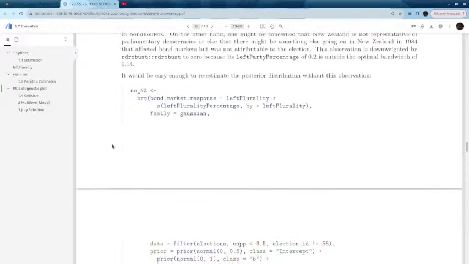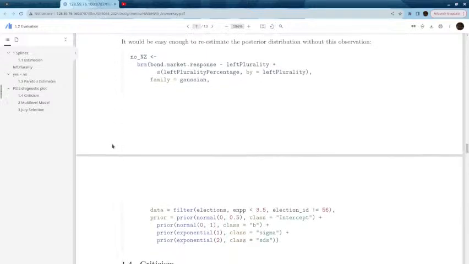But anyway, it doesn't mean the posterior is wrong. It just sort of means our beliefs about what they're talking about here with this causal effect are unusually, atypically sensitive to this one historical episode.